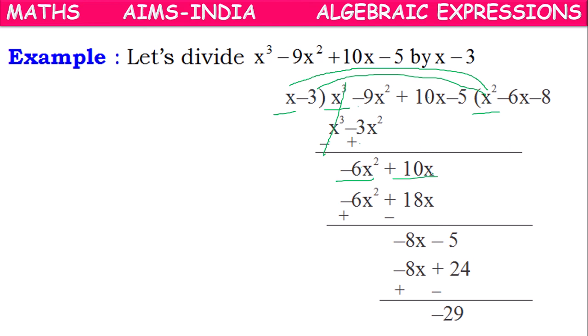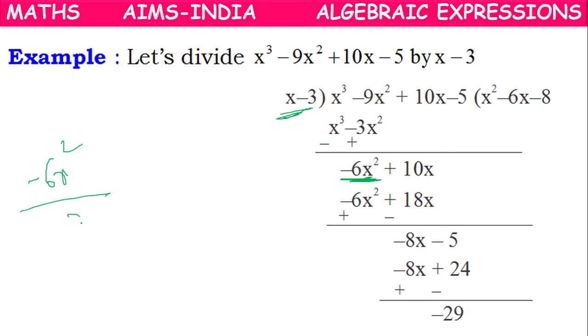Now, up to here, one part is completed. What we have to do with this? In the remainder, whatever first term we have got is to be divided by the first term of the divisor, that is minus 6x square by x.